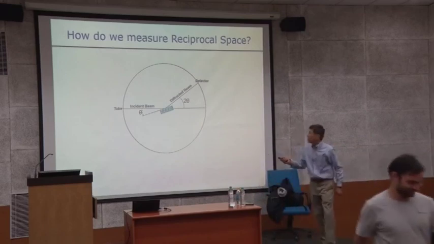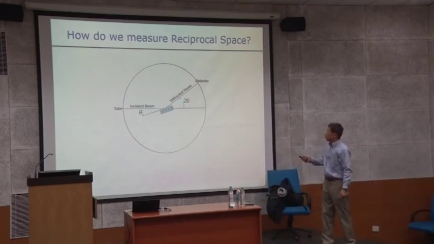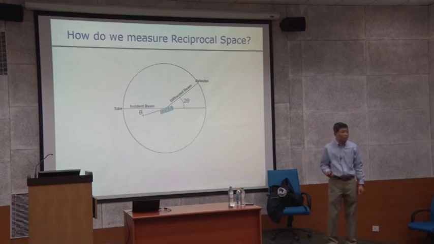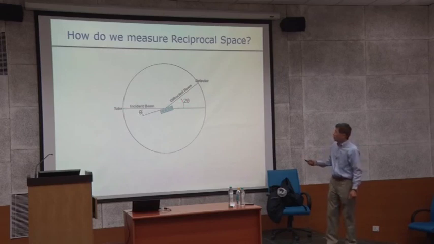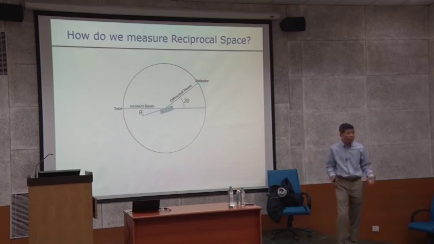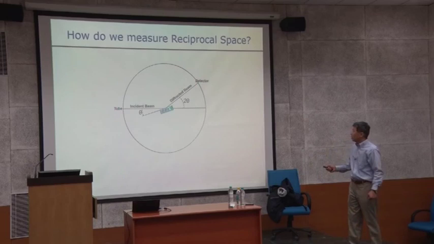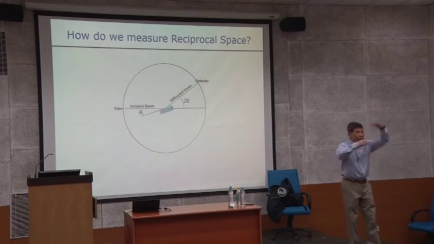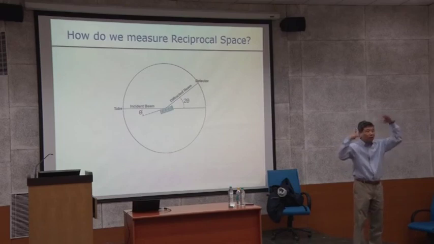So you have theta and 2 theta: your incident beam is fixed, you move your sample, and then your 2 theta moves twice. So for theta and 2 theta, the detector is attached here, and your incident beam here. Now you get it? Okay, so then this sample has all the planes, lots of planes.